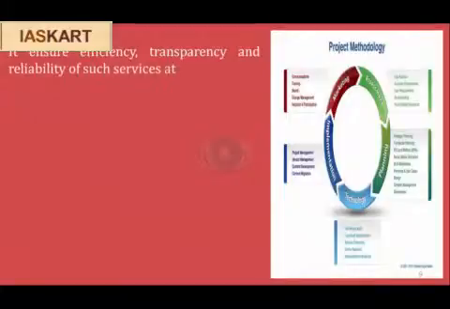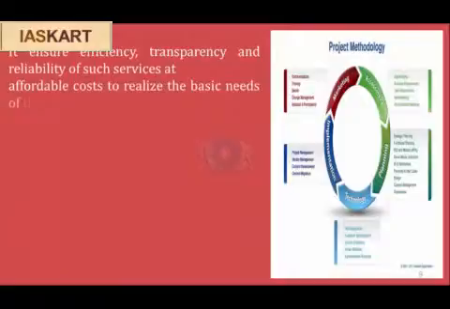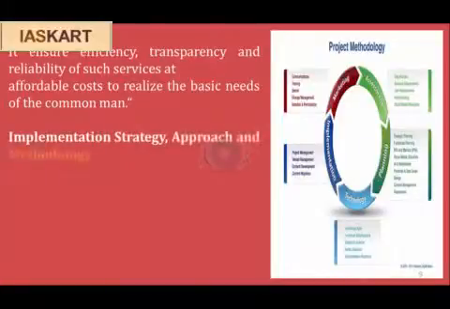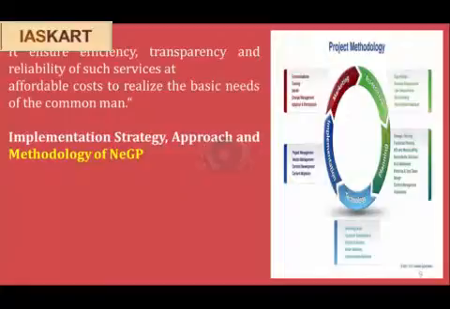It ensures efficiency, transparency and reliability of such services at affordable cost to realize the basic needs of the common man. Now, what are the implementation strategies, approaches and methodology of the National E-Governance Plan?